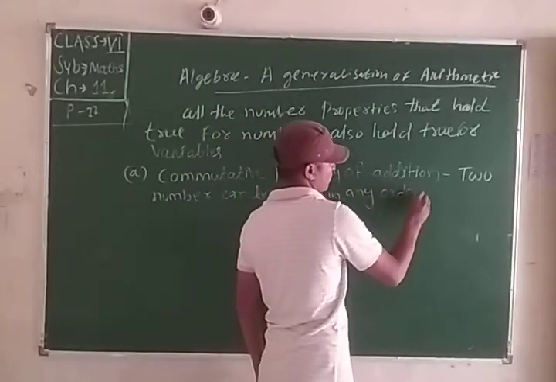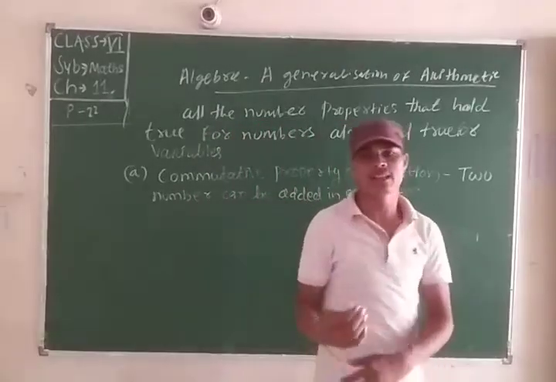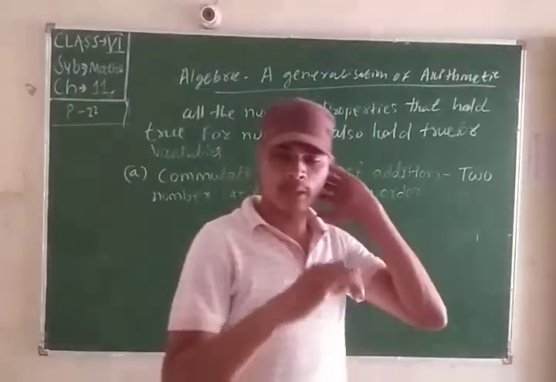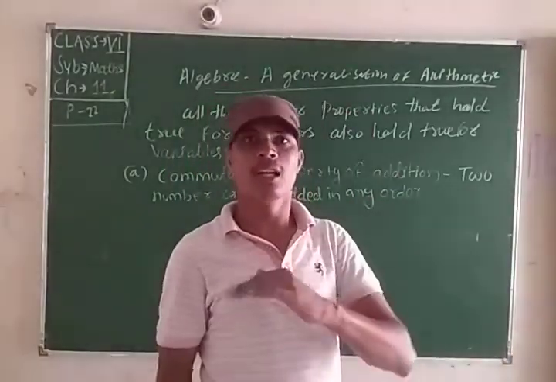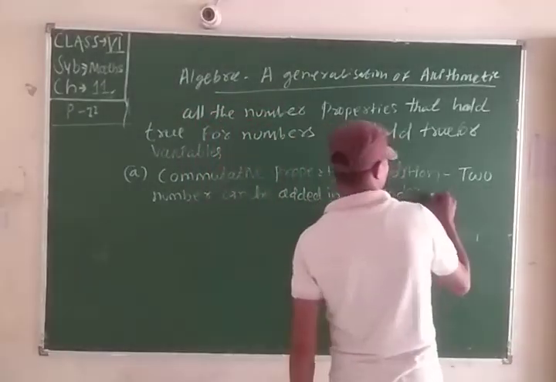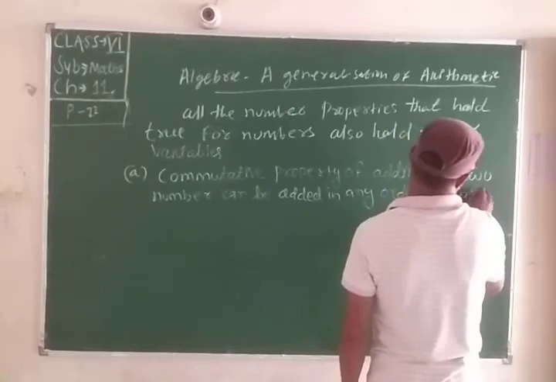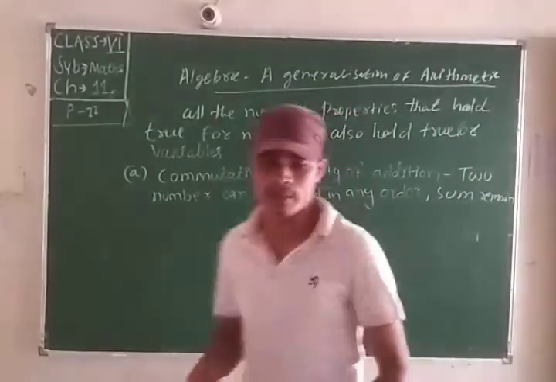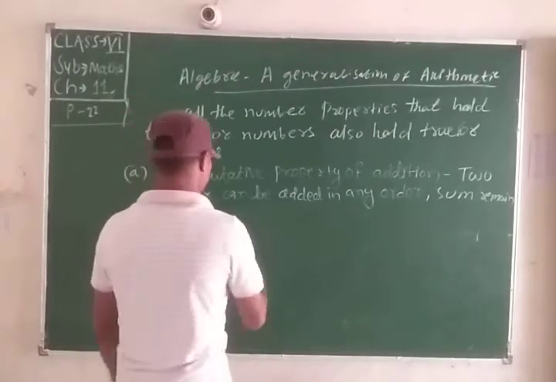What do you understand by any order? We can add the first one with the second one, or the second one with the first one. For example, a plus b equals b plus a. The sum remains the same.